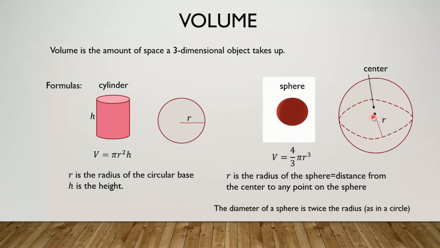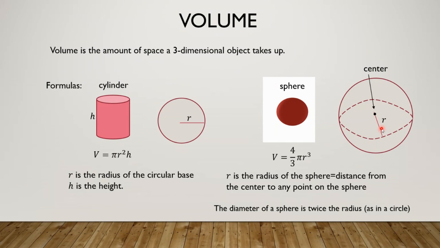The volume for a sphere is given by this, where r is the radius. The radius is the distance between the center of the sphere and any point on the sphere. They're all the same distance. Visually, it's the length of the line segment from the center to a point on the sphere.